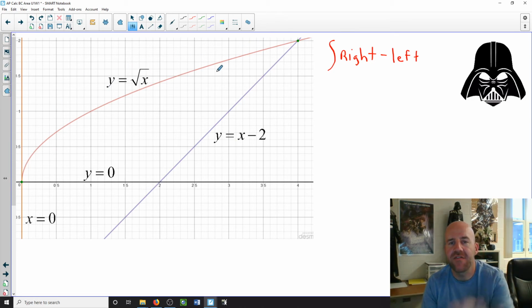So try to picture that. Try to tilt it 90 degrees. And you'll see that the right function, as it stands right now, becomes the top function. So it's still a top minus bottom situation if we do the right thing.